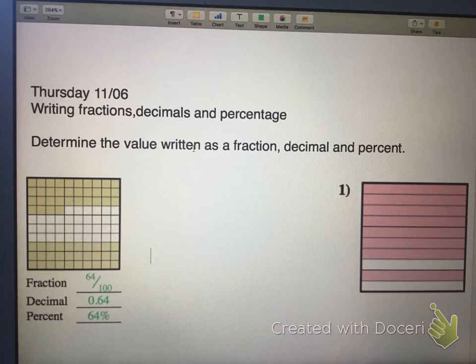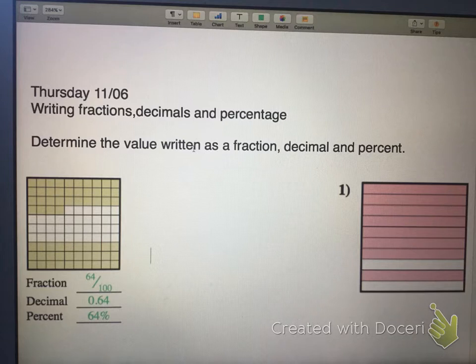With the example on the left hand side, we have a square that has been divided into 100 smaller blocks or squares.